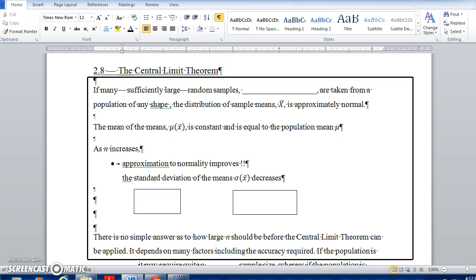So there's this inversely proportional relationship between n and the standard deviation of our means.